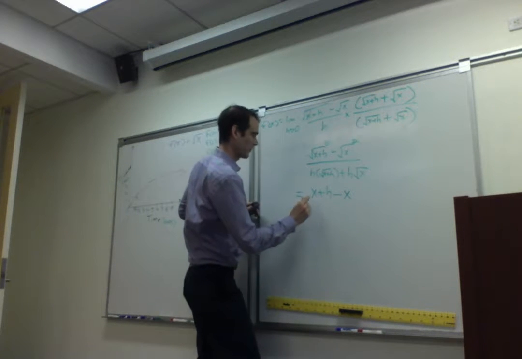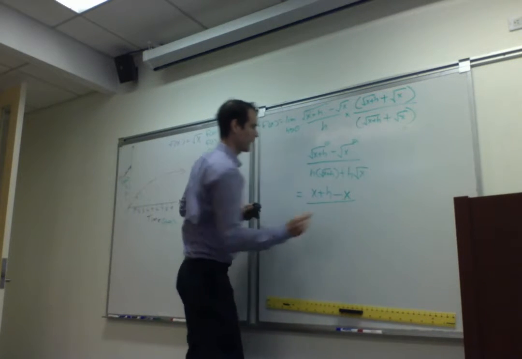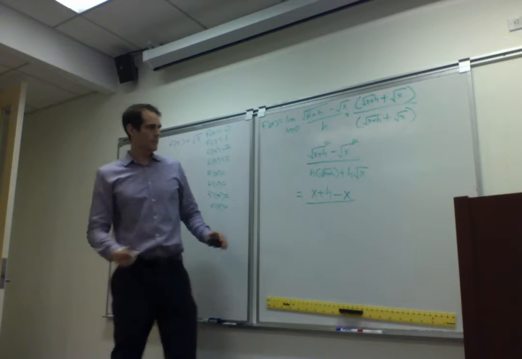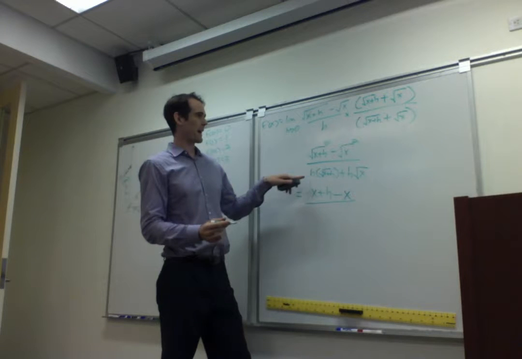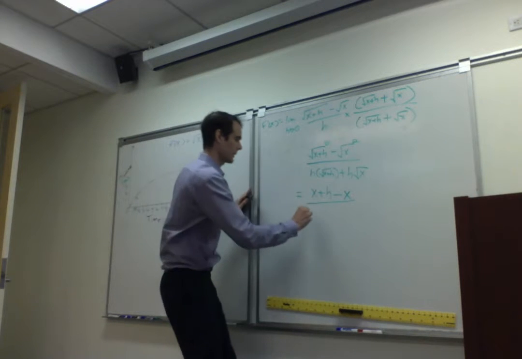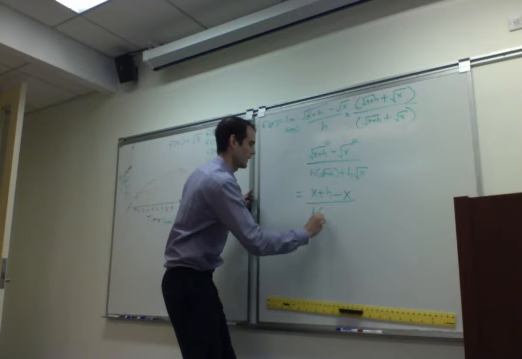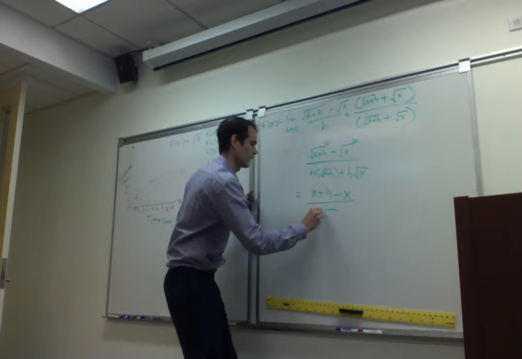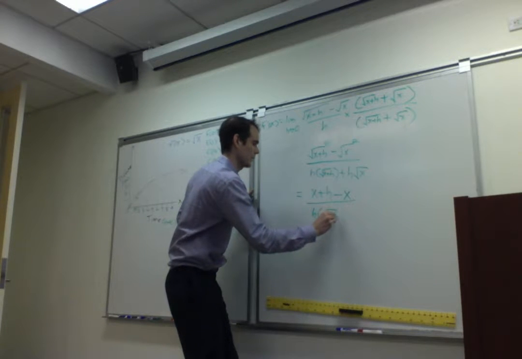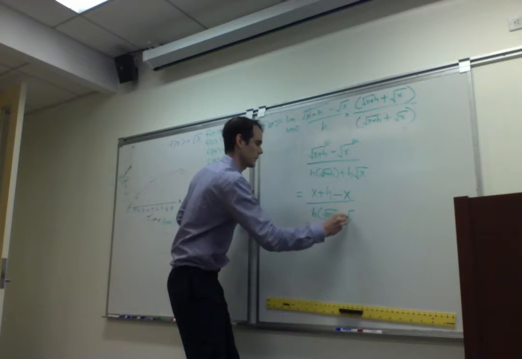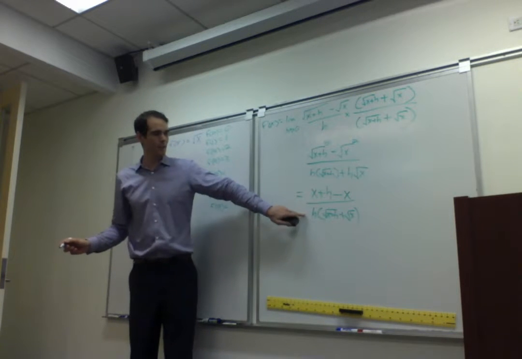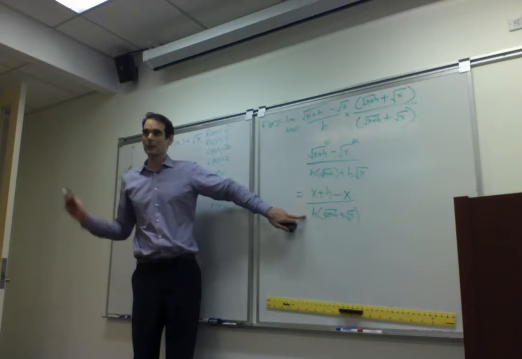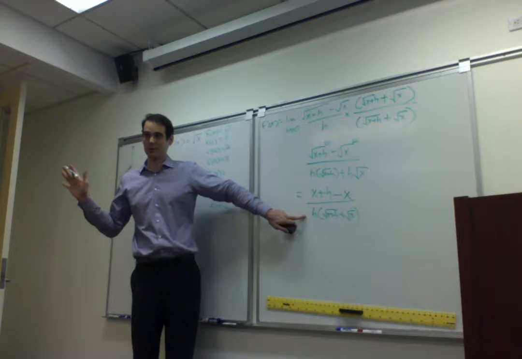Now on the bottom, what do we have going on down there? Let me pull this h back out. It's h times the square root of x plus h plus the square root of x. So we've got an h by itself on the outside. That may be something that we can cancel.